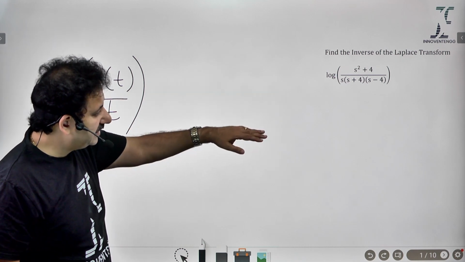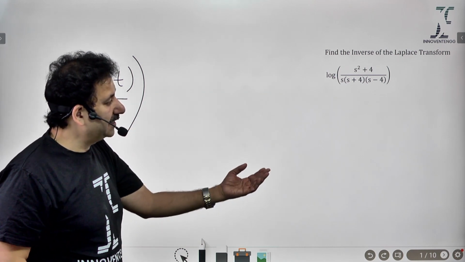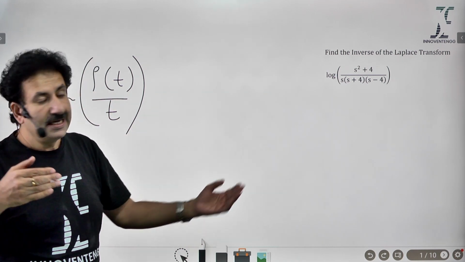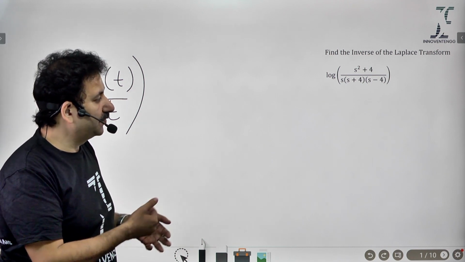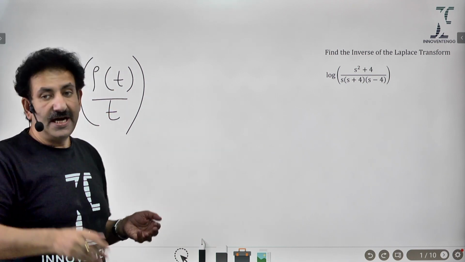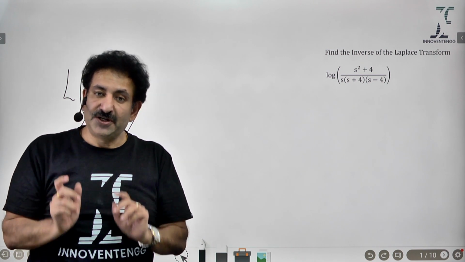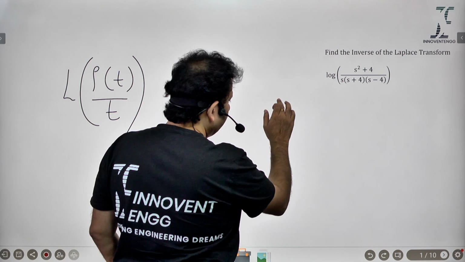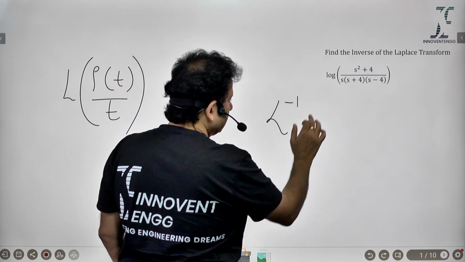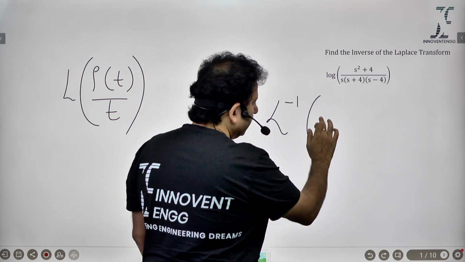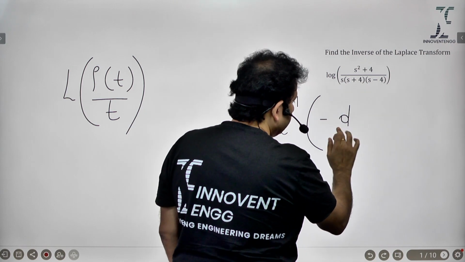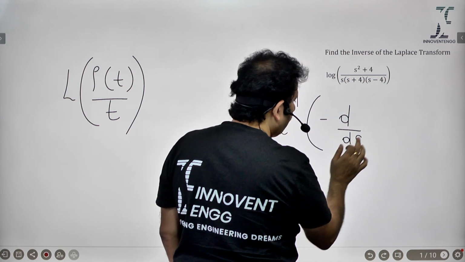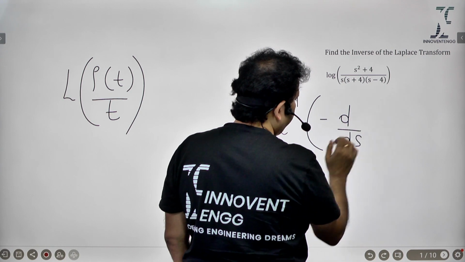So when you differentiate, you multiply the resultant derivative by -1, and once you did that, you take the inverse Laplace transform, and once you get the inverse Laplace transform, you divide that by t. So therefore, in general, what you will get? You will get inverse Laplace transform of negative of d by ds of whatever function you are given.